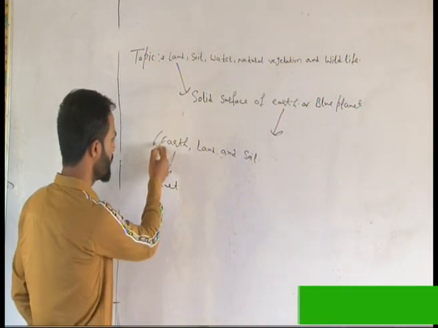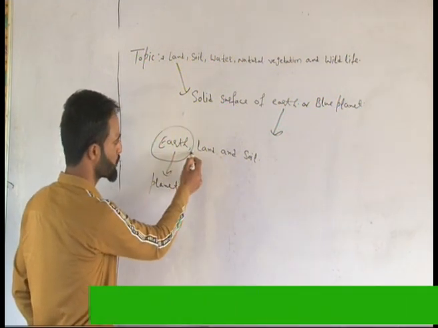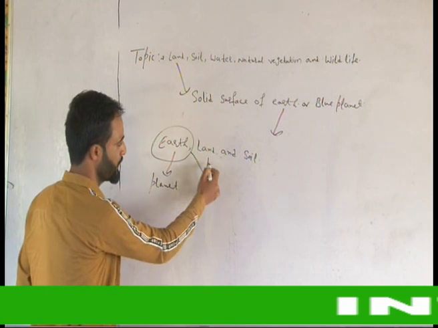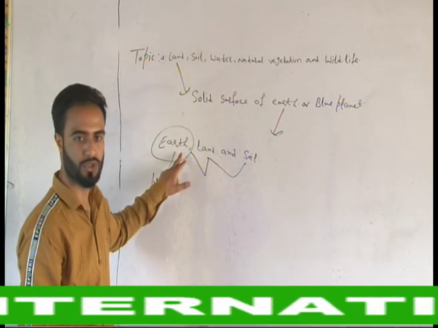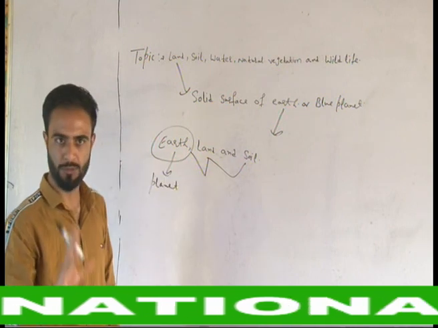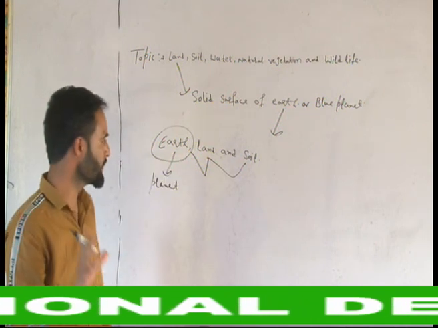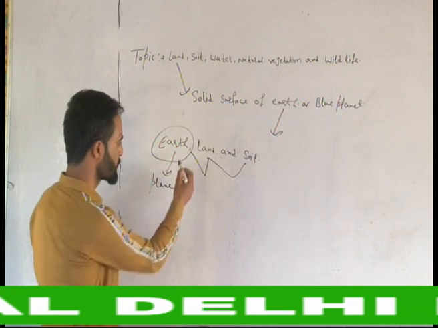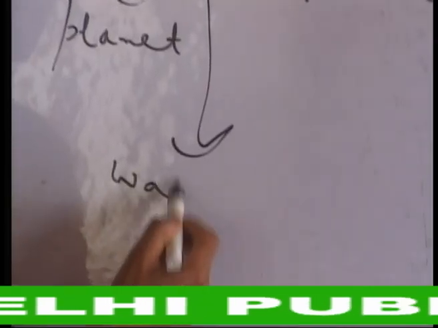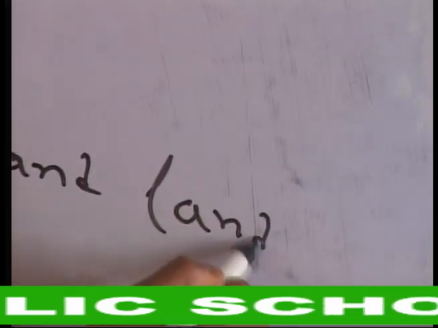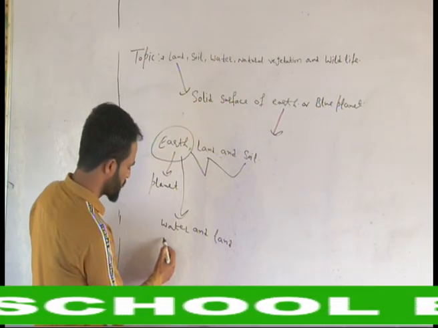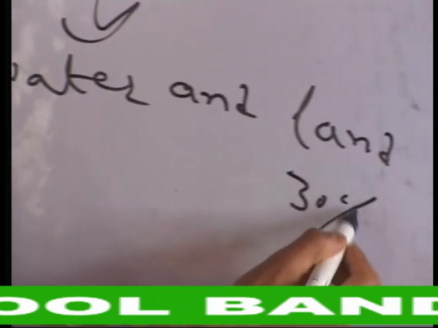And it is on this planet that these 2 things, land and soil, exist. Earth has many features. The most essential feature of Earth is that it comprises both water and land. Approximately 30% is land.